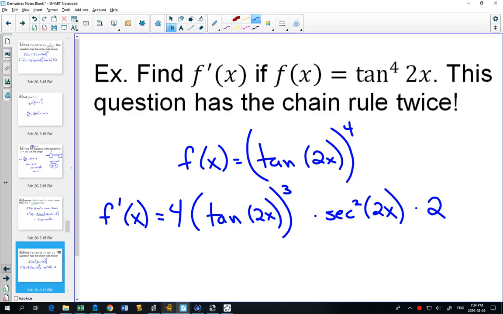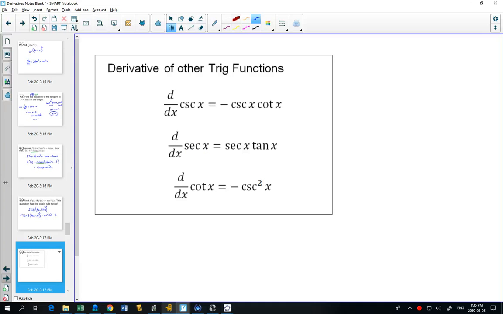You could derive each of these other trig functions if you wanted to. For example, if you had f of x equals cosecant x, you could change that to 1 over sine x, which is the same as sine x to the minus 1. How do we do the derivative of sine x to the minus 1?